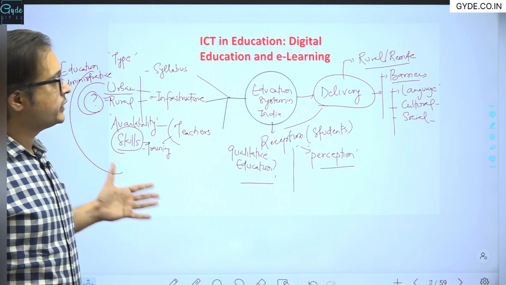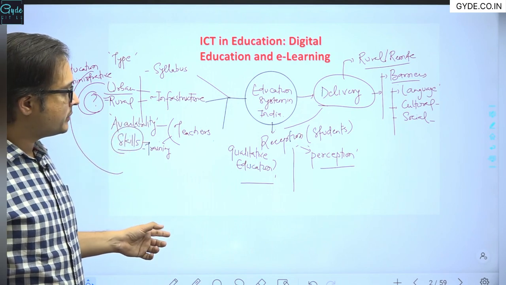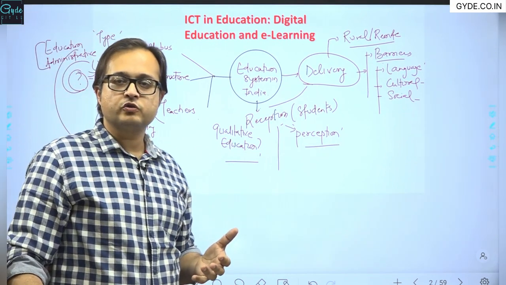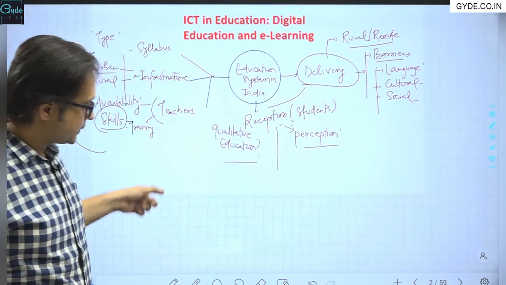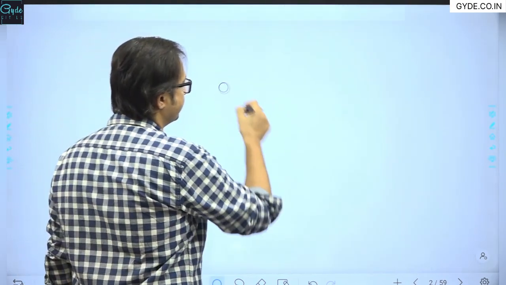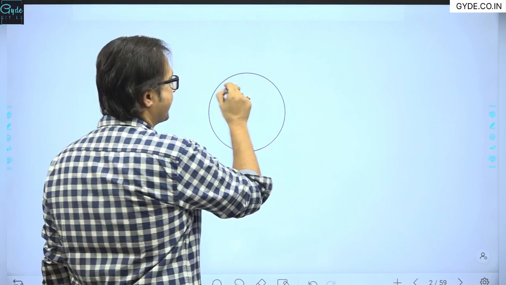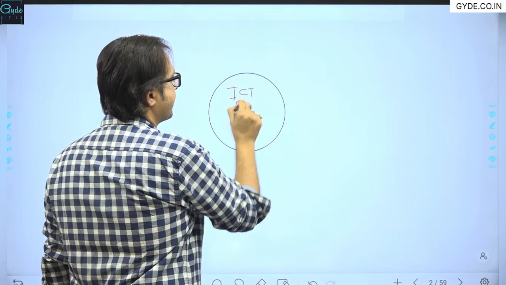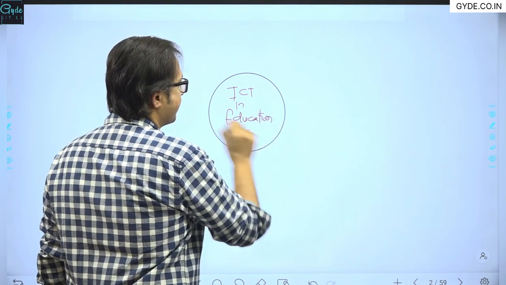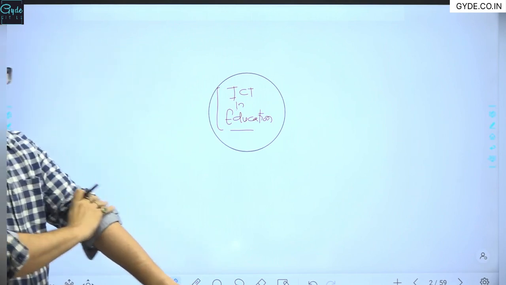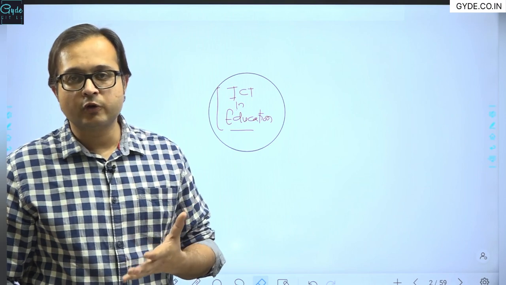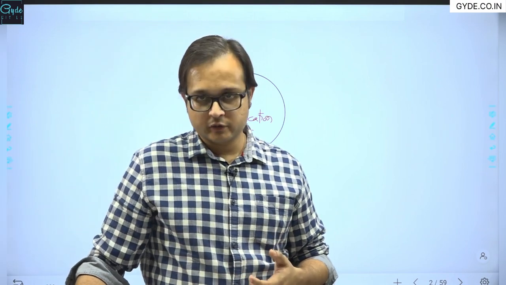But when we look at the nature of problems, the majority of these problems can be easily countered if ICT, or information and communication technology tools, are brought into education, right? ICT in education is taken up as a particular tool which can create remedies for the major problems in the education system, right?